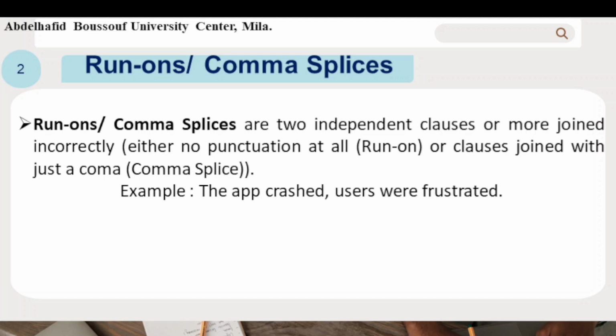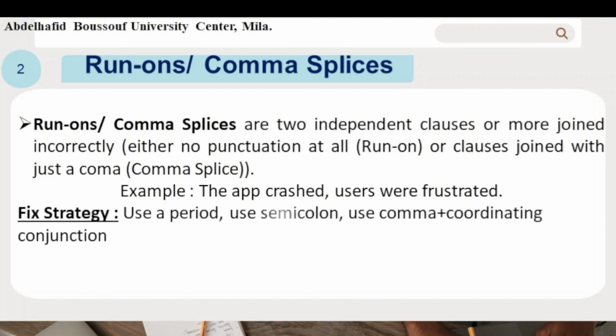The app crashed. Users were frustrated. Like this one, this is a comma splice. We do not join two clauses with just a comma. You have to indicate the type of the logical relationship.